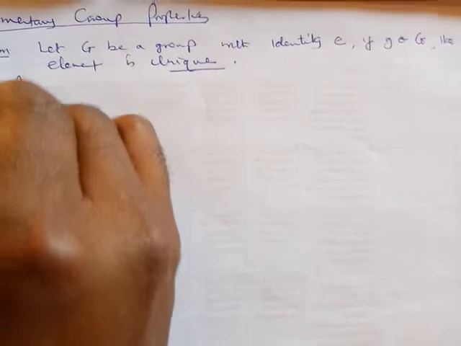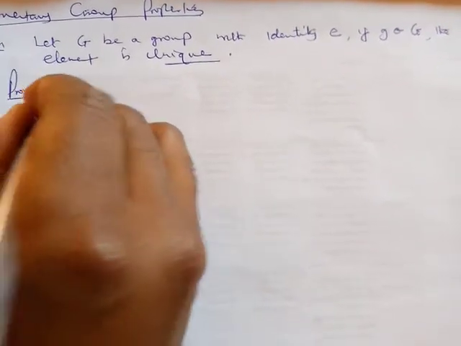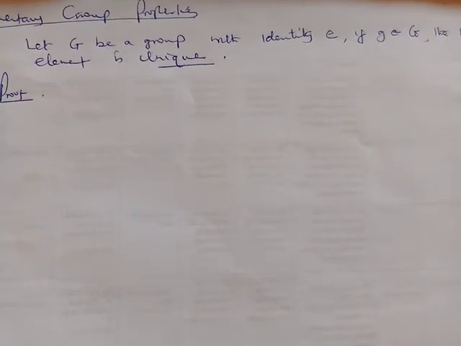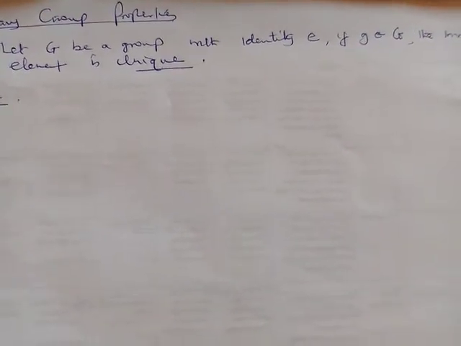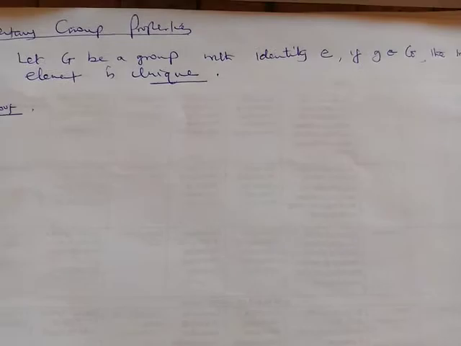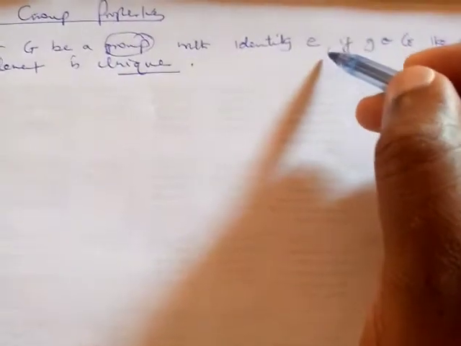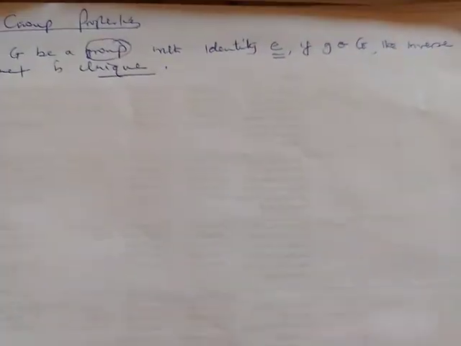So let's see how we prove this, because you have just said this. There are facts in this theorem here. One of the facts is that this particular group has an identity E. That's one fact.